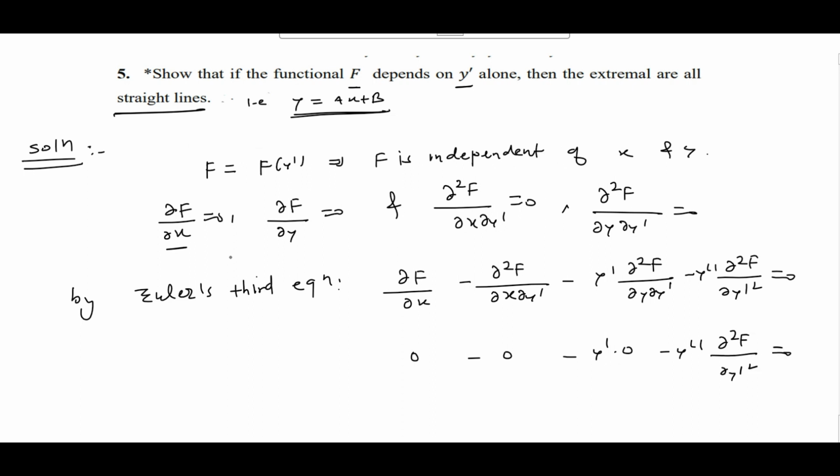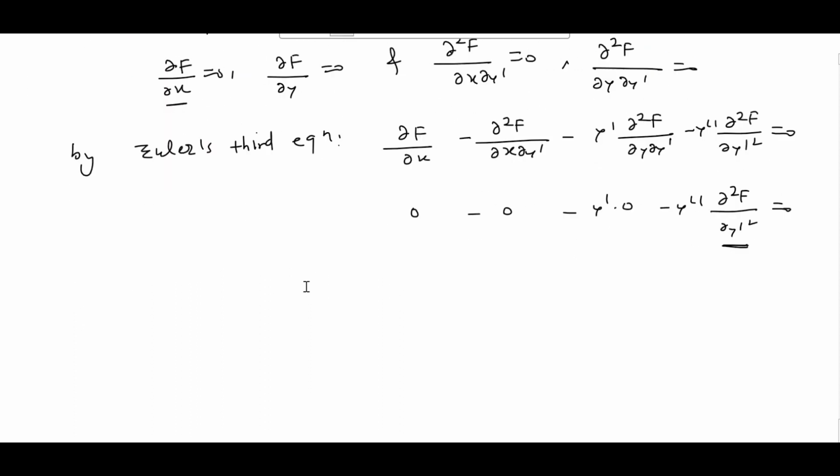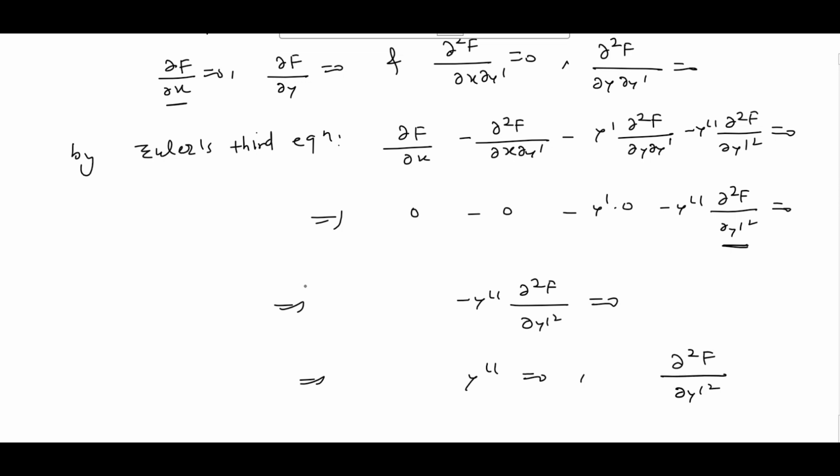As f depends on y dash, this quantity has to be non-zero. So now from here we can write negative y double dash del square f over del y dash square is equal to 0. It implies the second derivative y double dash has to be 0, where the second derivative of functional f with respect to y dash has to be non-zero.